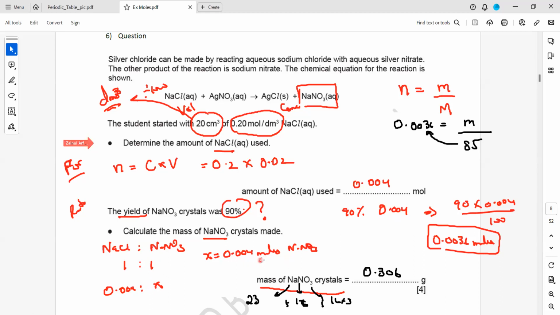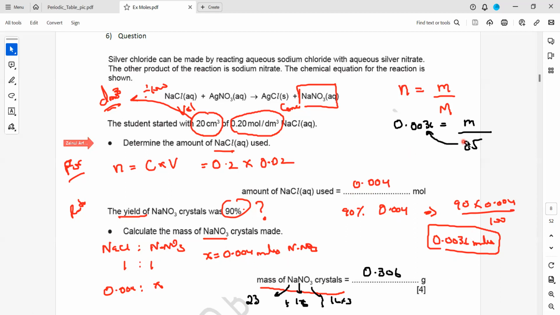But that is if it was a 100% reaction; with 100% yield we should get 0.004. But they mentioned we are getting only 90% of what we should get. So 90% of this total amount, 90% of 0.004 is 0.0036. And these are the moles of sodium nitrate.